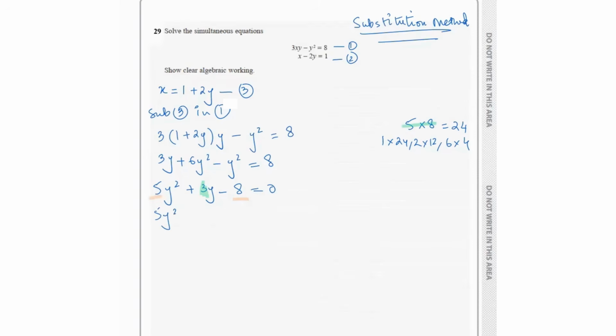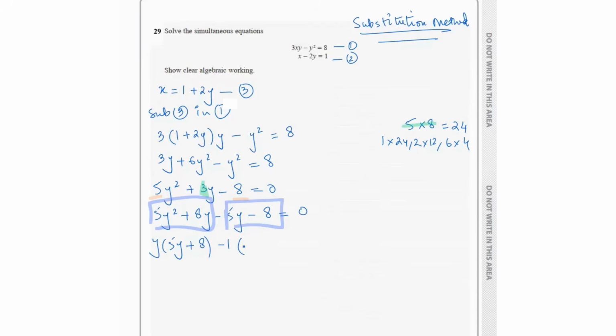So we're going to replace the 3y with 8y minus 5y. Everything else comes as it is. Only the middle term is replaced by 8y minus 5y. Now we're going to use factor by grouping. First two terms make one group, last two terms make another group. In the first group, we have y common, so 5y plus 8 goes in the bracket. In the second group, we have -1 common.